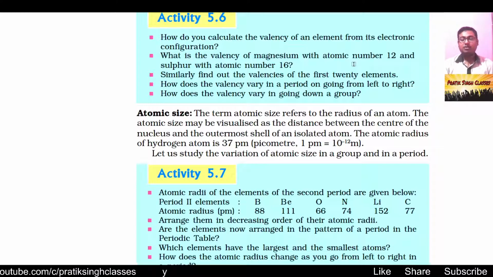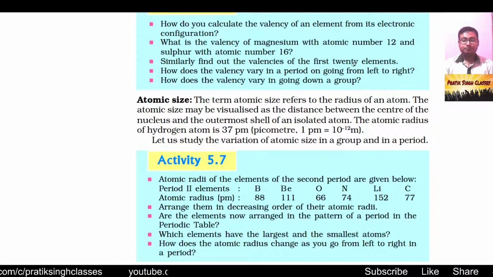Or if we remove 2 electrons, it will become 2 and 8, that is the total number of electrons will be 10, and the configuration will become 1s2, 2s2, 2p6. In that situation it will become inert. So it is always better to remove 2 electrons than to add 6 electrons.